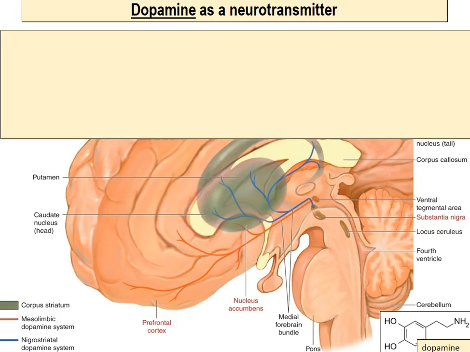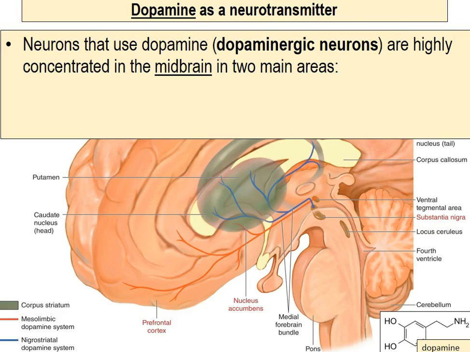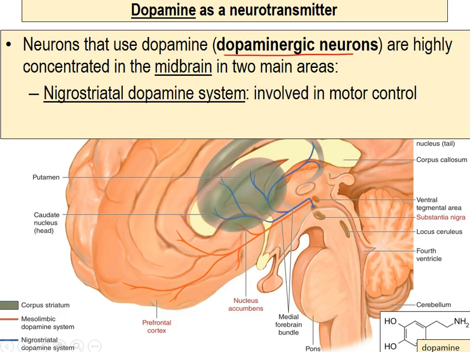And let's talk about dopamine as a neurotransmitter. Neurons that use dopamine are called dopaminergic neurons, and they're highly concentrated in the midbrain area, which we can see here in two main areas: the nigrostriatal dopamine system, which is involved in motor control, which I put a blue box around.